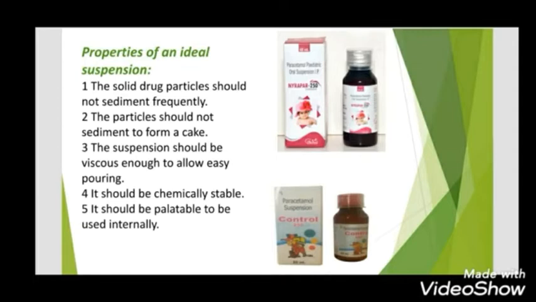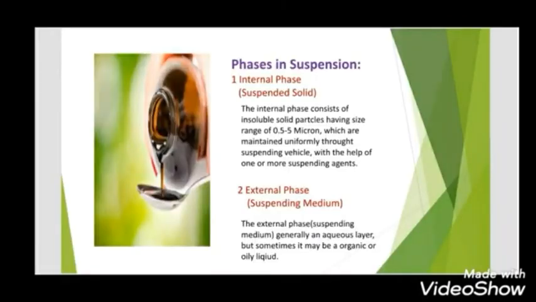Next we see the difference between flocculated suspension and deflocculated suspension. In the flocculated suspension the particles exist as loose aggregates, and in deflocculated suspension the particles exist as separate entities, that means they are found separately.